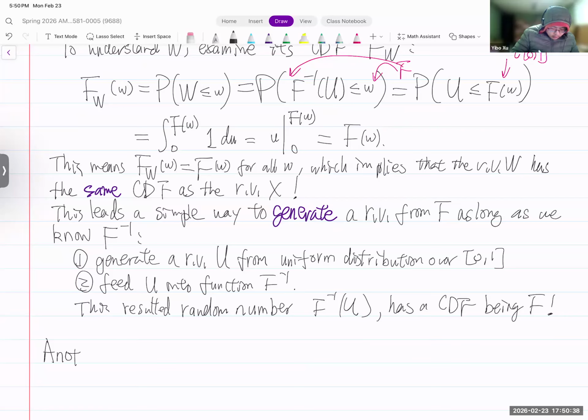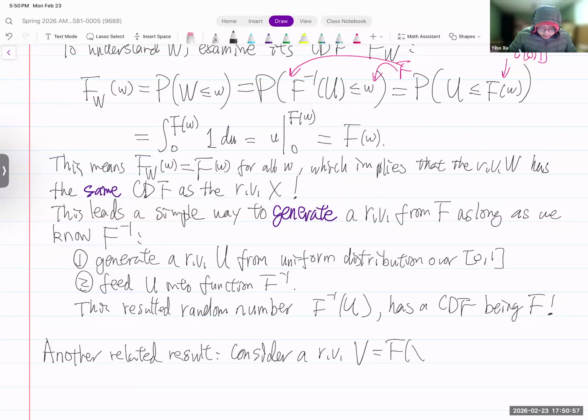Another related result. Consider a random variable V that's F of X. Here notice it's a little bit special.